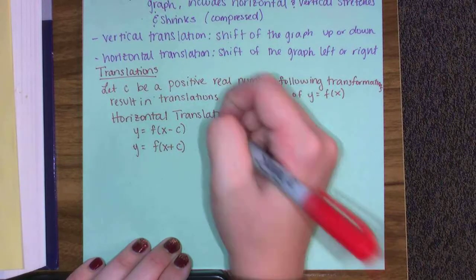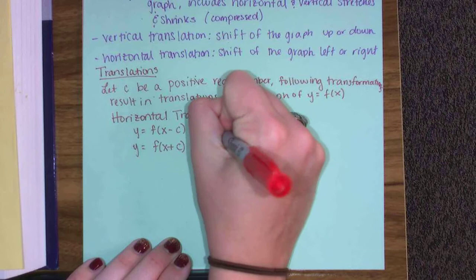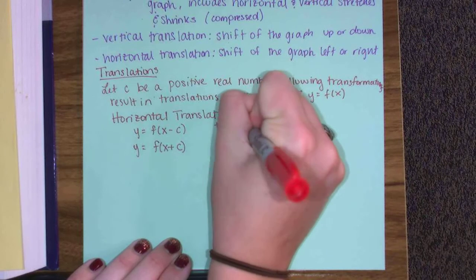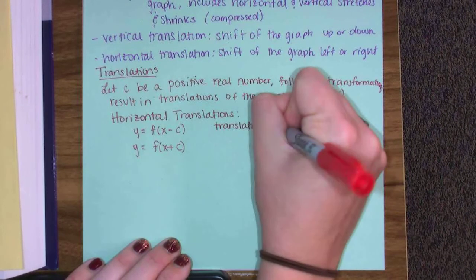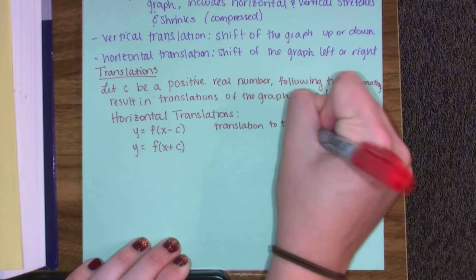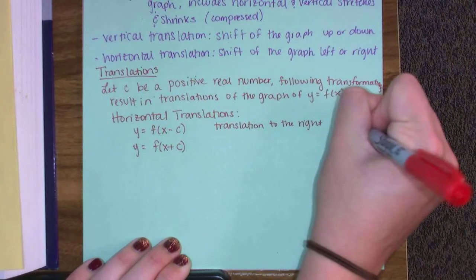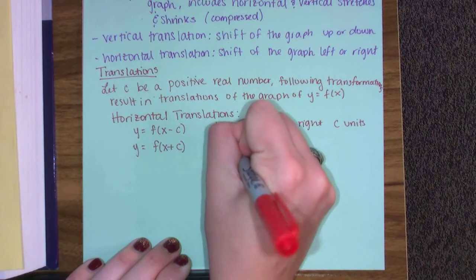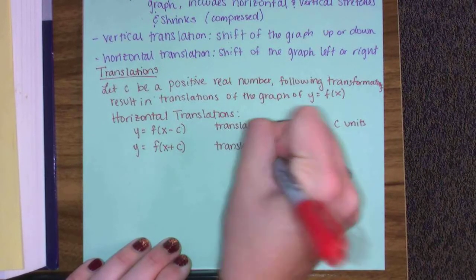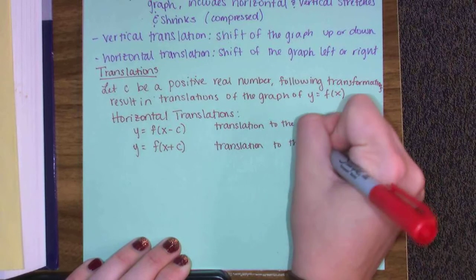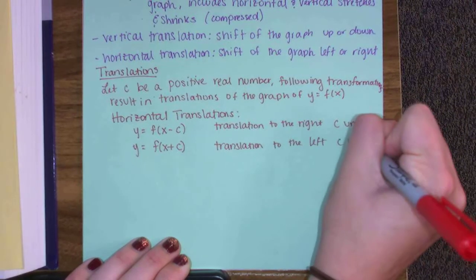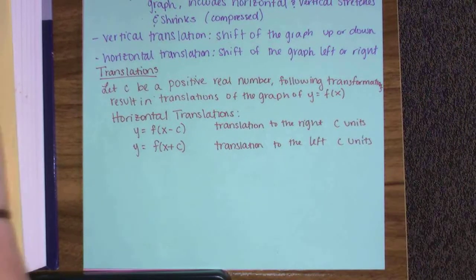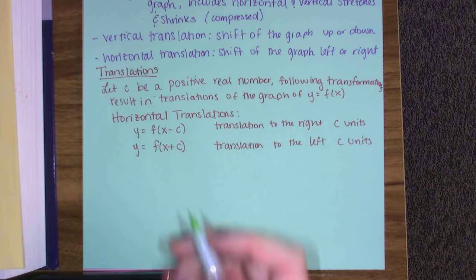The top one is a translation to the right c units. The bottom one is a translation to the left c units. Remember with these ones, the shift goes the opposite direction of the sign.